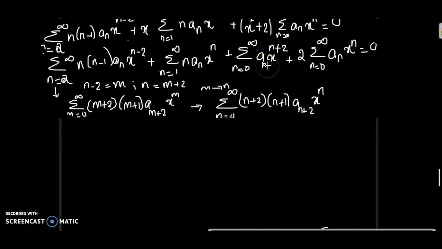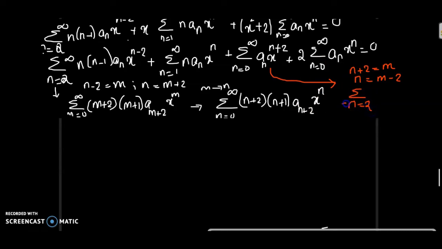Now let's come to the third term. The third term needs a change. Coming to the third term, this is our third term. Now what will that become? Let's write it over here. As before, what I need is n plus 2 should be m. So my n is going to be m minus 2. What will be the limits? When n equal to 0, m will be equal to 2.